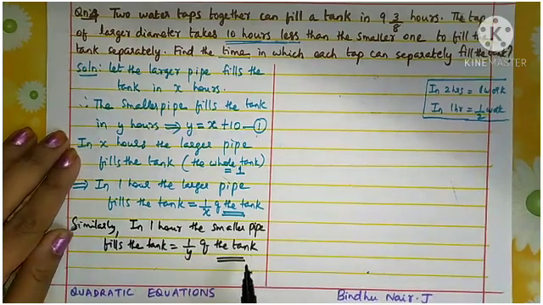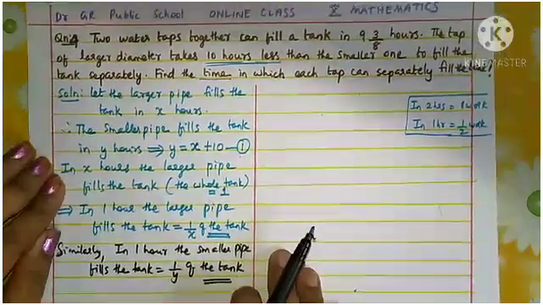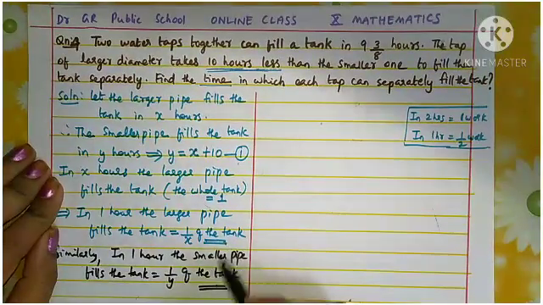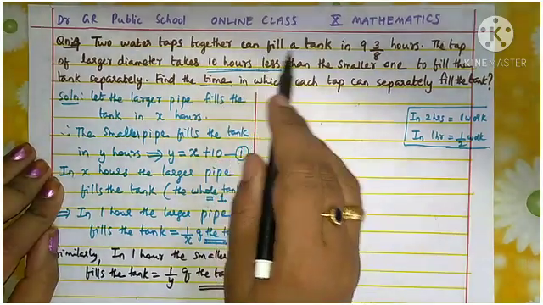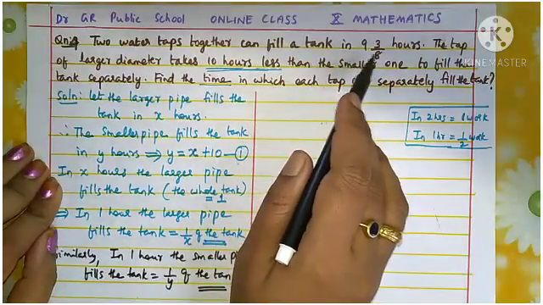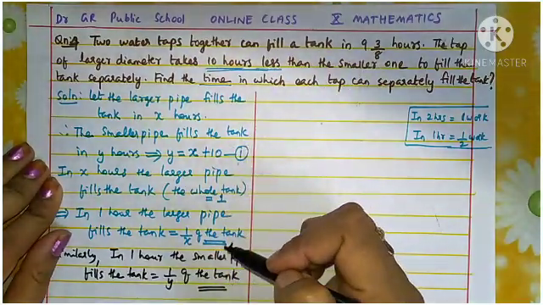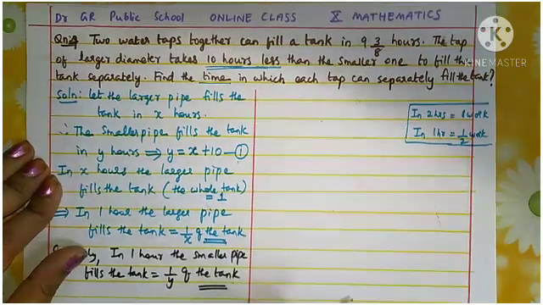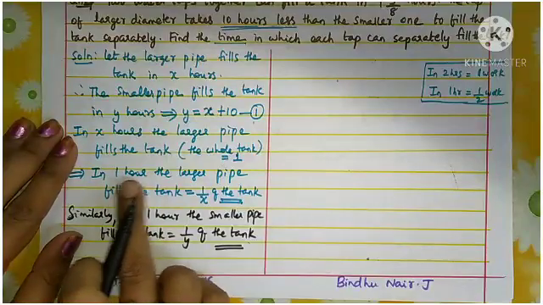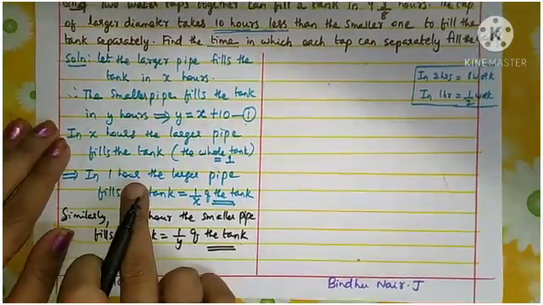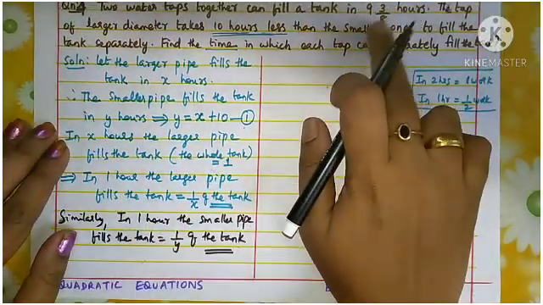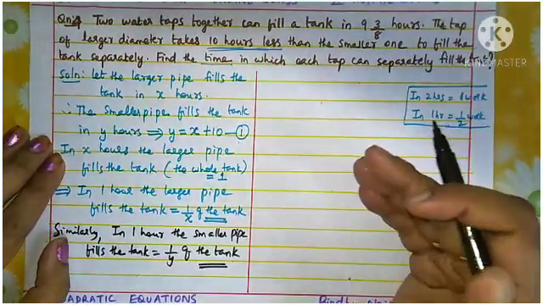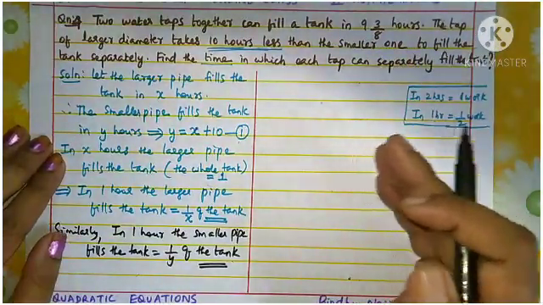Now you see, in our question it is given these two pipes together can fill a tank in 9 3/8 hours. That is the total time taken by the two pipes together. So here we calculated for 1 hour. Now we need to calculate for these 9 3/8 hours how much volume the two pipes can fill.